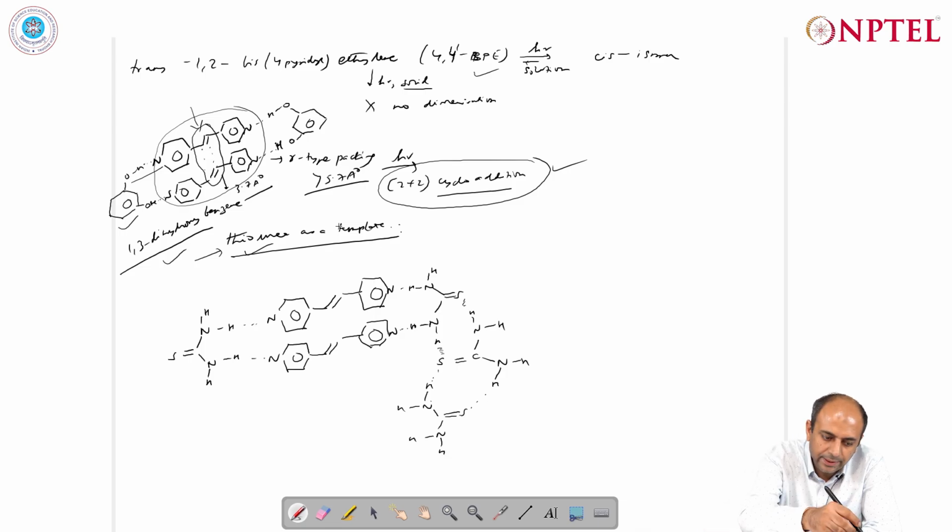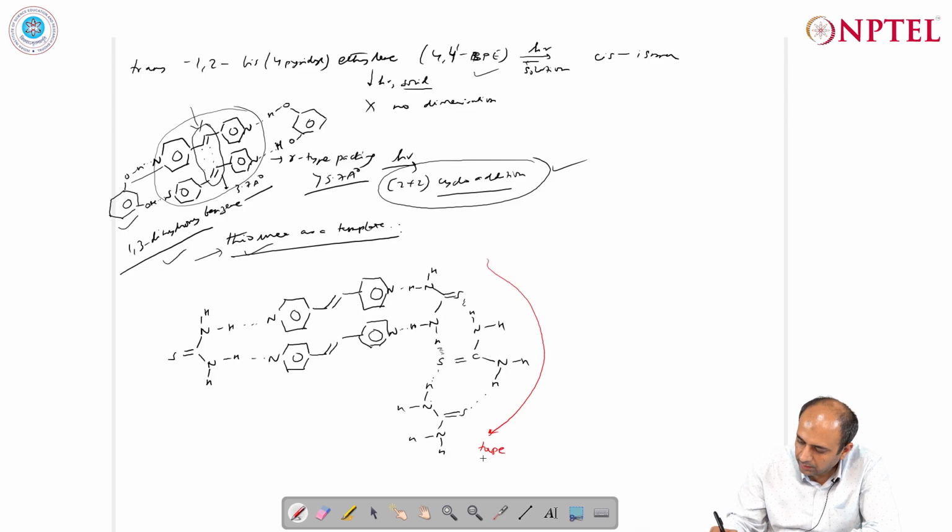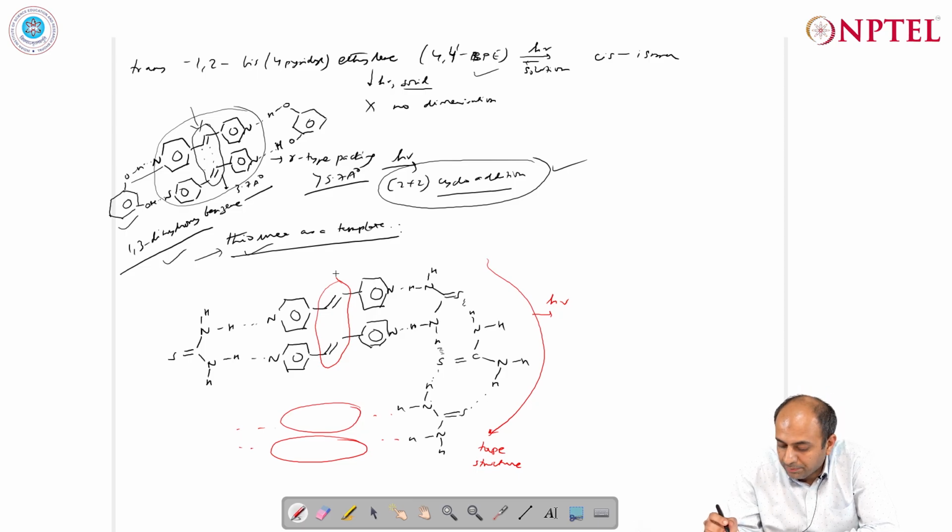You see here that the thiourea molecules themselves form this hydrogen bonded tape structure, and then we also have the next set of these molecules which are going to come close to each other, and on irradiation there will be photodimerization of the double bonds to give you the photodimer.